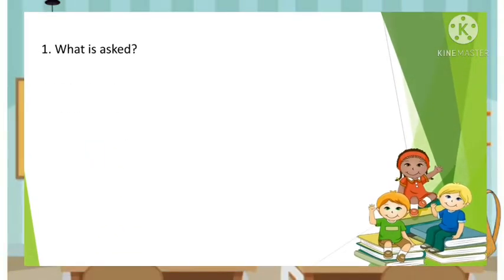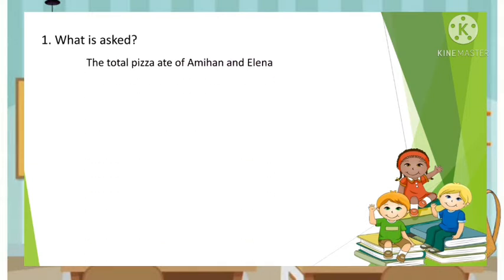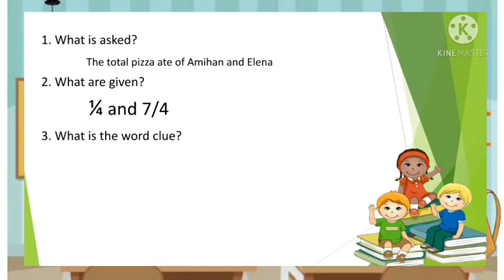Number 1. What is asked? The total pizza eaten by Amihan and Elena. Correct. Number 2. What are given? Yes, 1/4 and 7/4. Correct. Number 3. What is the word clue?